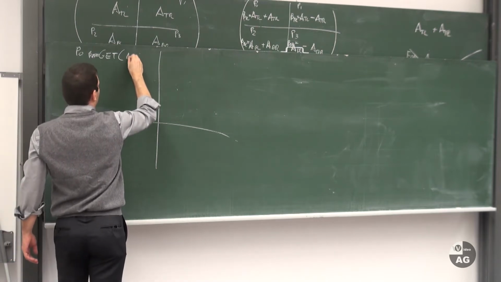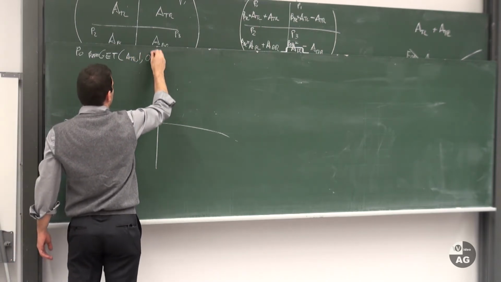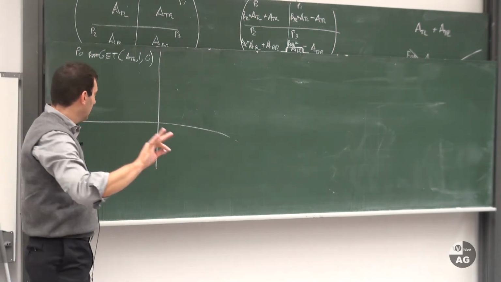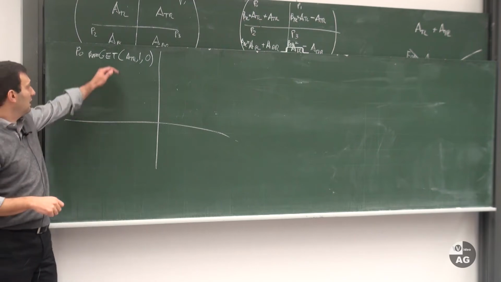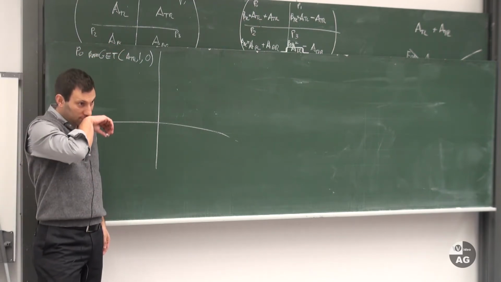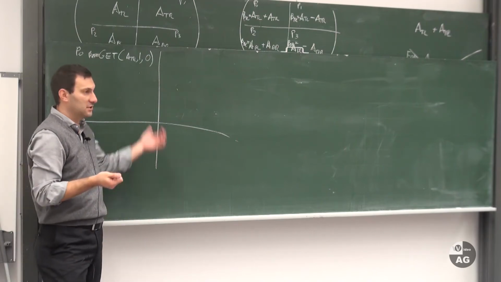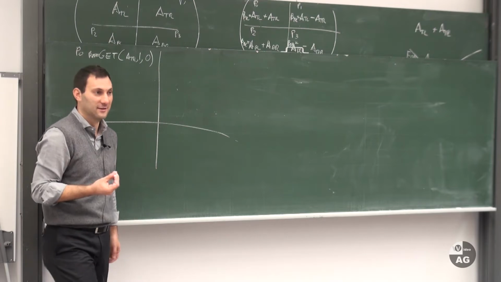Get A top right from processor 1, tag 0. Okay, I know what you're going to say. Calm down. So, philosophical question. Should I have a sync before this? Nobody is in favor of a sync ahead of this? I know you are. You asked me. Come on.